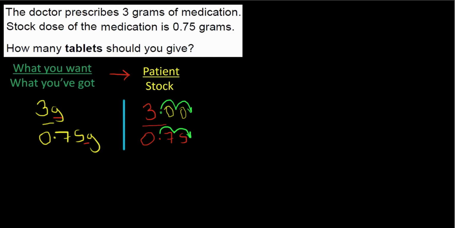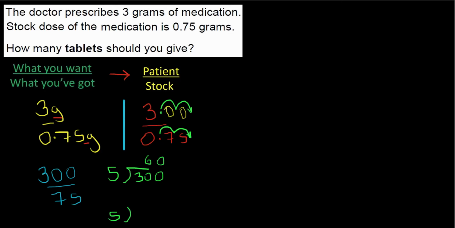So I'm now left with 300 over 75, which now will simplify. 5 will go into both. Not sure about this, so I'll just work it out pen and paper. 5 into 300: 5 into 3 doesn't go, into 30 is 6, and into 0 is 0. And likewise 5 into 75: 5 into 7 is 1, remainder 2, and 5 into 25 is 5.